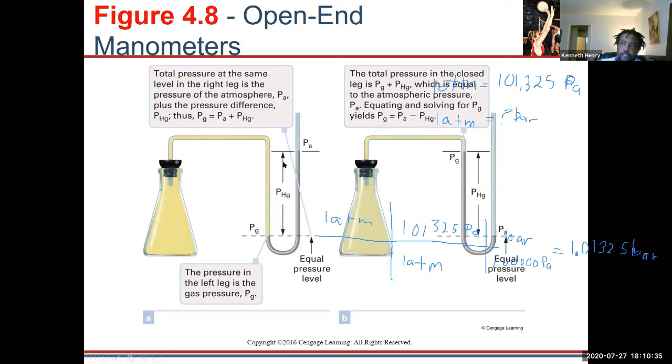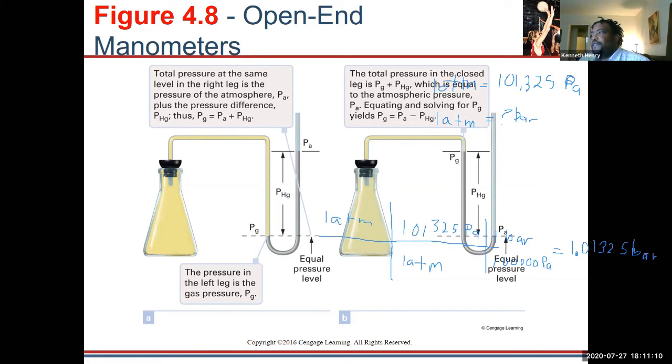That would be your difference in mercury. So the pressure on the gas is going to be atmospheric pressure plus that change in pressure, the atmospheric pressure and that PHg.